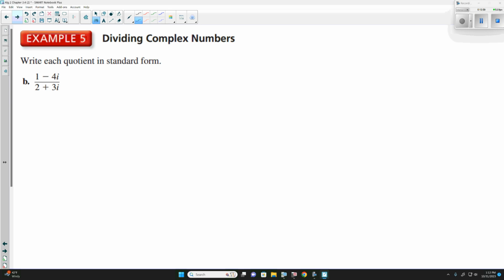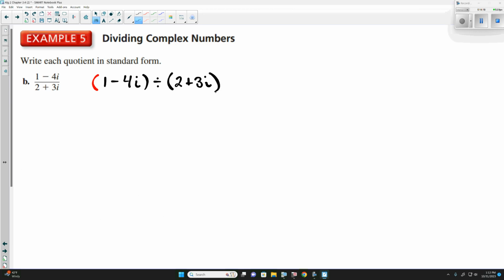So if we look at this one here, the fraction bar is just another way to say division. So really what we're saying is that we have 1 minus 4i divided by 2 plus 3i.